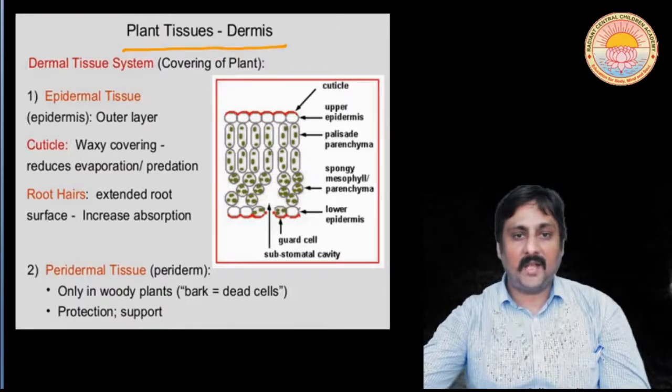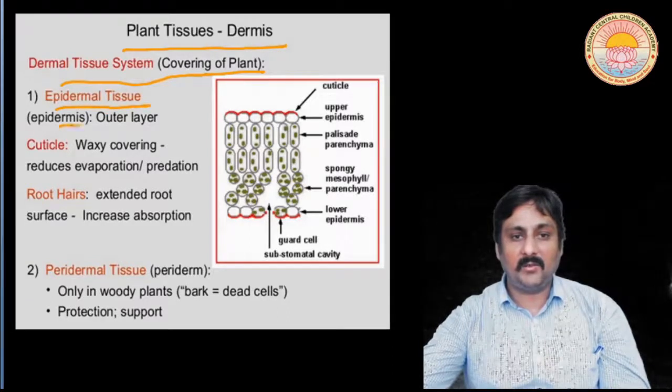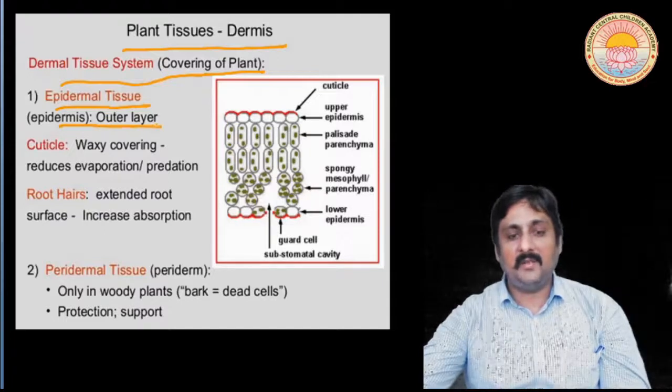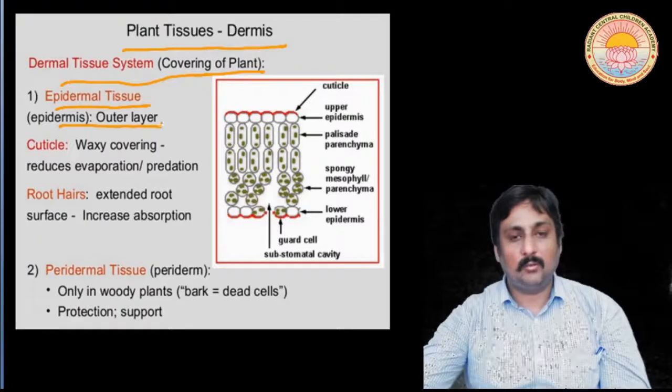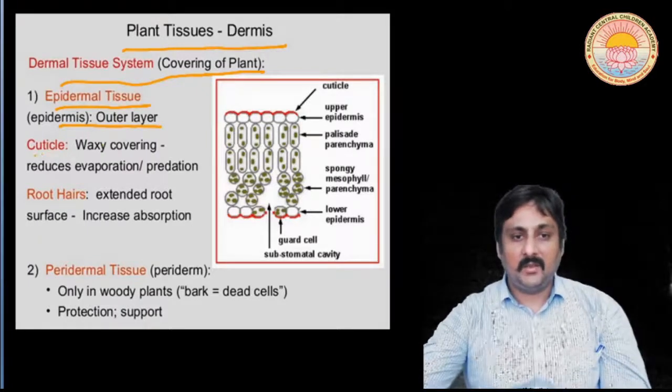As you can see in the diagram, the dermal tissue system is the covering of the plant. Epidermal tissue is present, that is called epidermis, which is the outermost layer present on the stem, roots as well as the leaves.